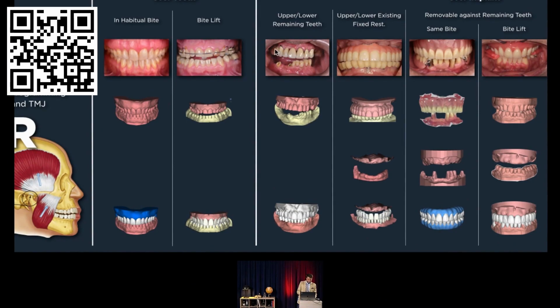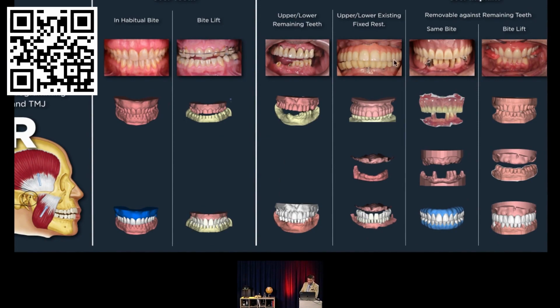So you can splint this together, make a jig, or you create an appliance on the lower with wax, and you ask the patient to bite together. You have the vertical jaw relationship, and you design. Patient already has existing implant bridges, but the vertical and bite is completely off. No problem.